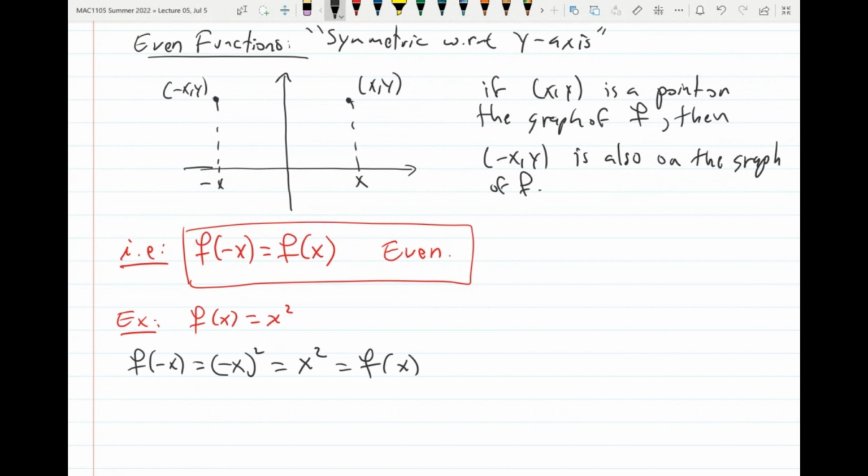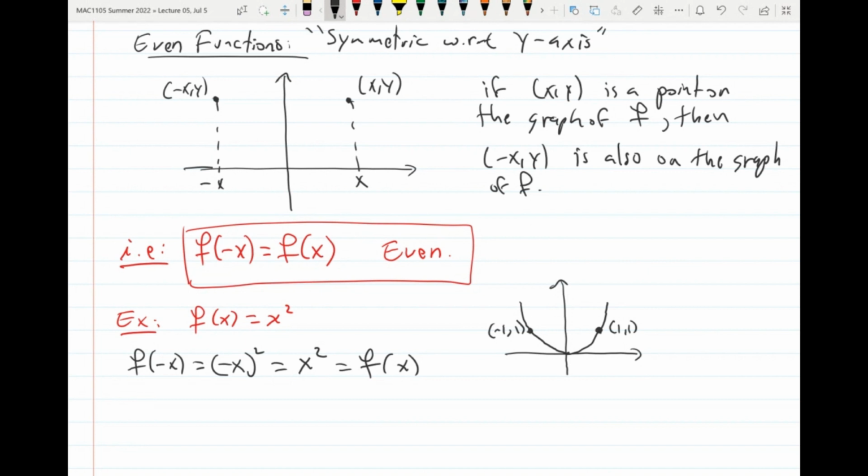So f of negative x equals f of x. As you probably already know, the graph of x squared is a parabola. It's a nice little graph. For example, this is (1, 1), and this one here is (-1, 1), and so on. So it's symmetric with respect to the y-axis.